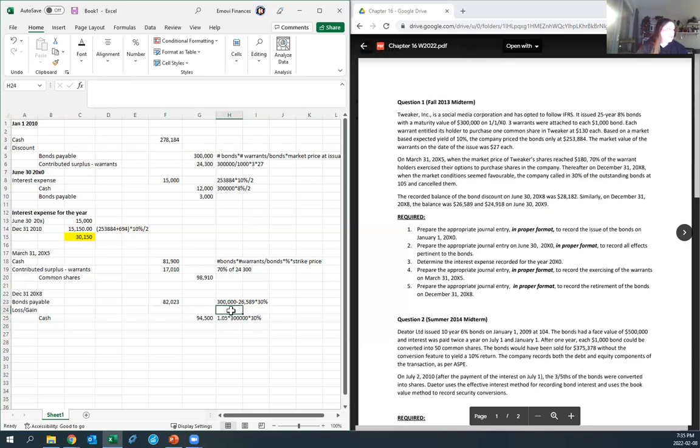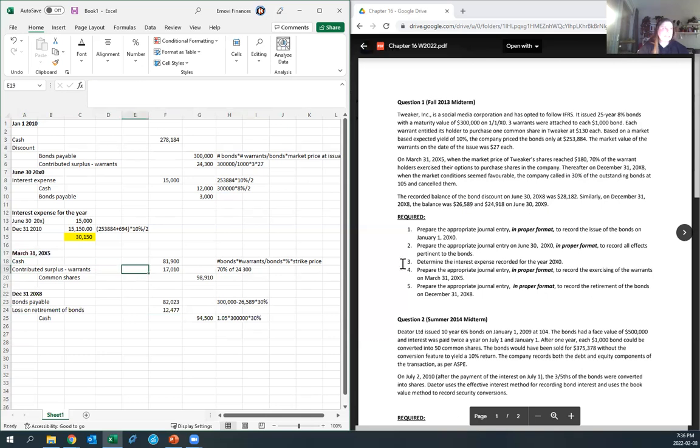And then you're going to have a loss on retirement of bonds. This is basically the transaction that we saw last week. Just a little refresher.